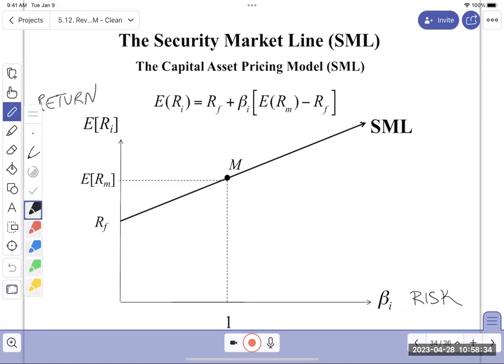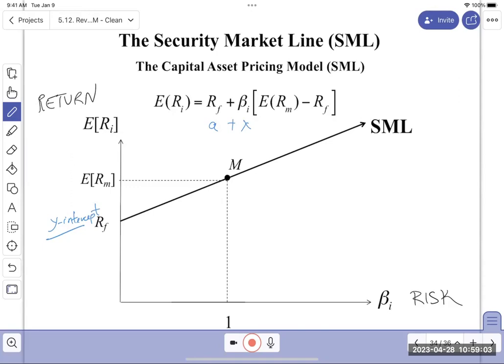So first, let's go through this in terms of a line. This is the y-intercept, this is the A. And this is not the slope, right? Because this is the x.